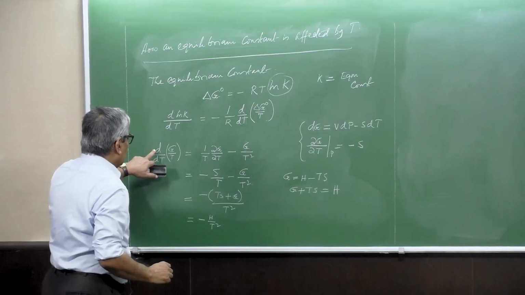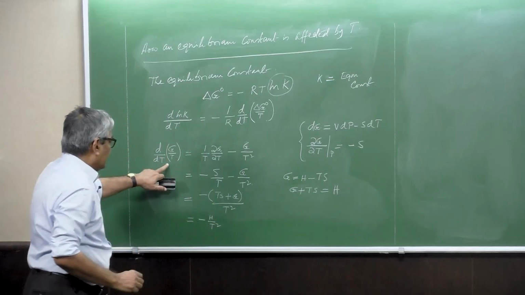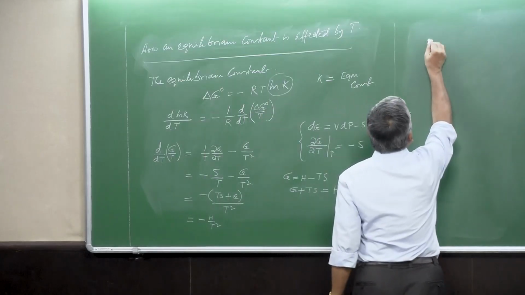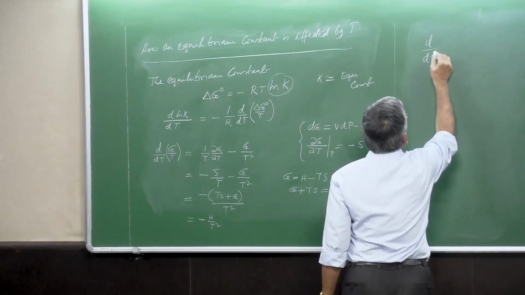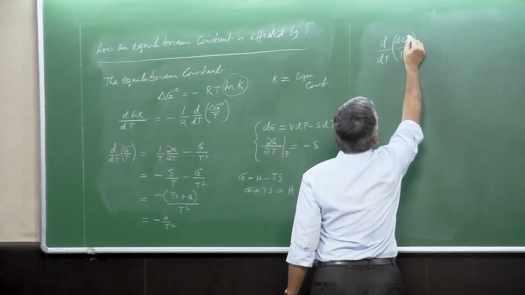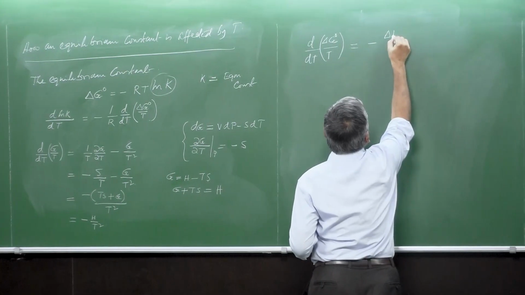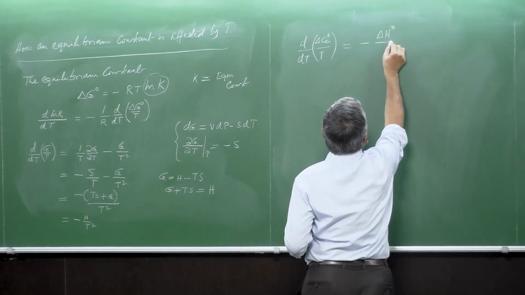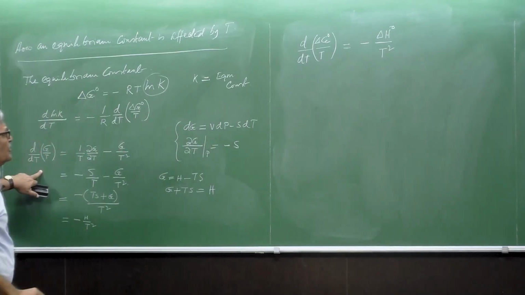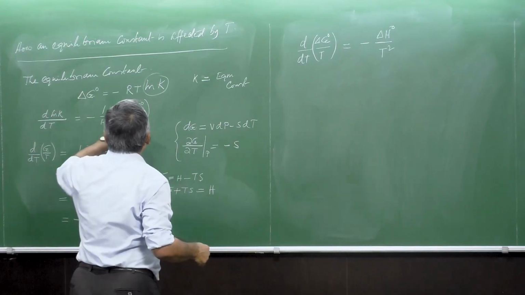So d dT of this thing is basically minus delta. If we take the difference, it would be d dT of delta G by T, and if we put a 0 here, it would be minus delta H0 by T square. If that follows, then we know that d dT of this is now determined.